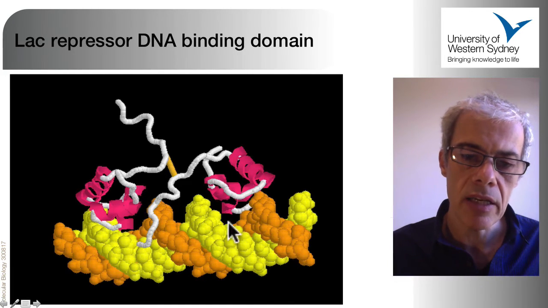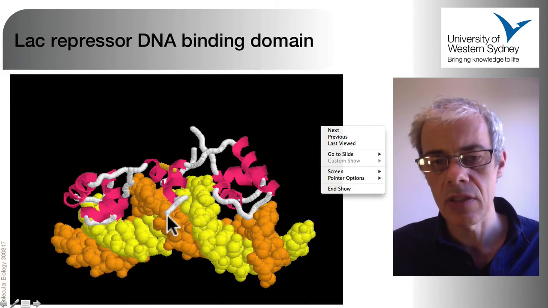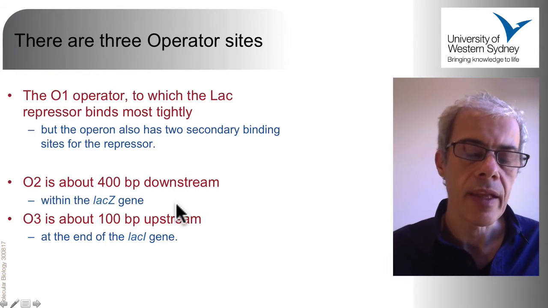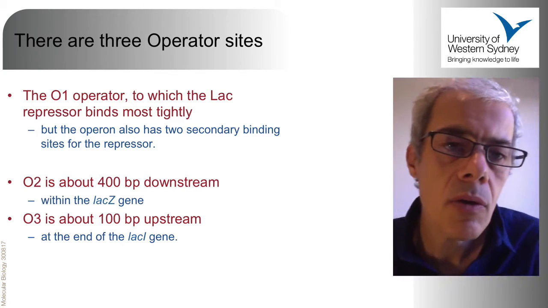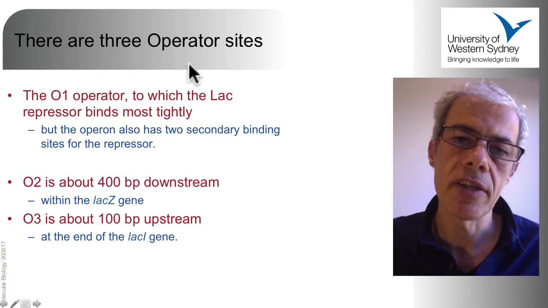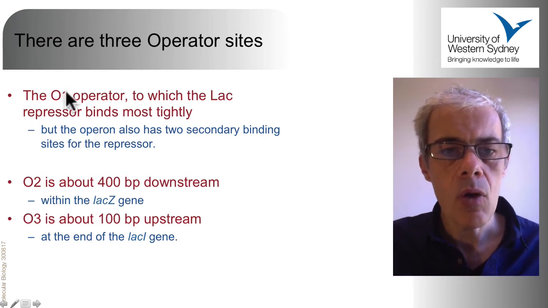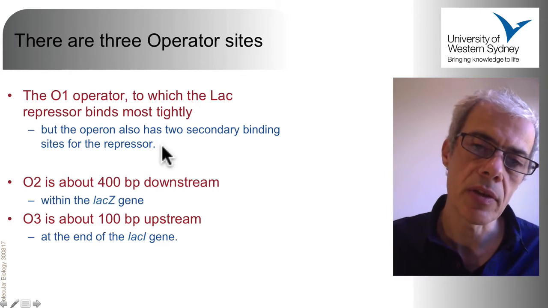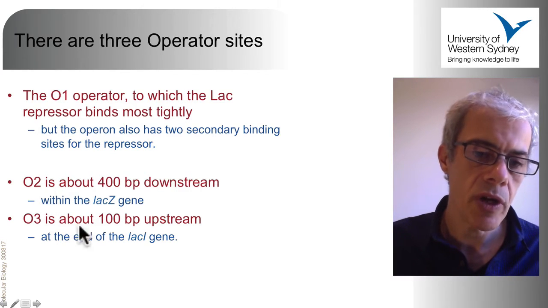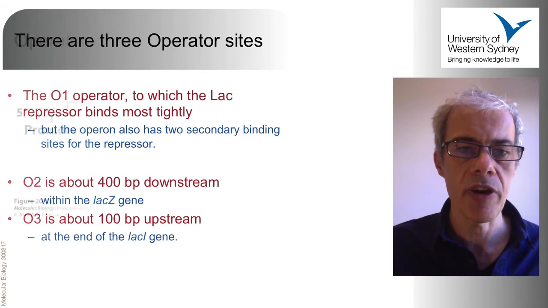So it's this binding and bending of the DNA that then allows the Lac repressor to loop out the intervening DNA. Now, since Jacob and Monod, people have worked out that there's not just one operator site. There are actually about 3 operator sites. There's the O1 site, which is the operator site that was identified by Jacob and Monod, and then there are some other operator sites referred to as O2 and O3, which are positioned in different places close to the first operator.